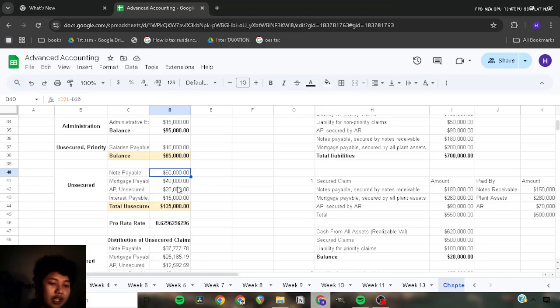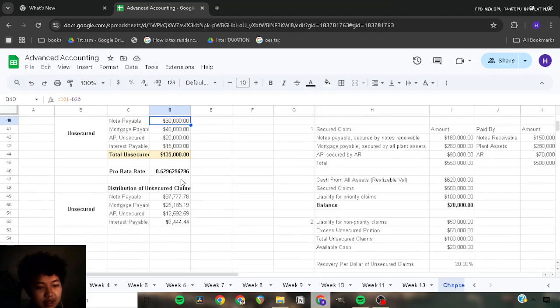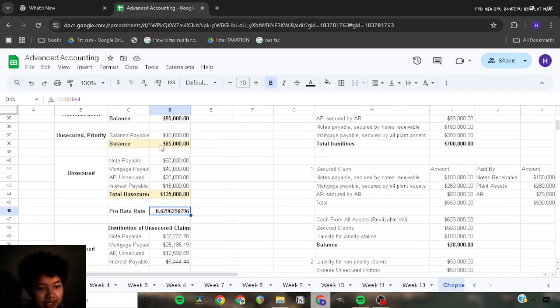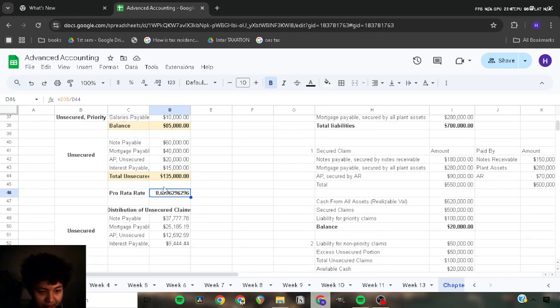So what I'm trying to say is that they'll get the cash available, but each has their own proportion. I calculated the proportions using this, dividing the rest of the balance by the total unsecured claims, and then I distribute using this basis.